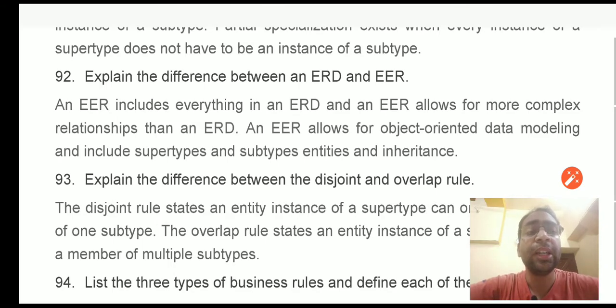Sorry, the inheritance also. So whenever the special or complex relationships are represented in the entity relationship diagram, it is known as EER, that is extended ER diagram.